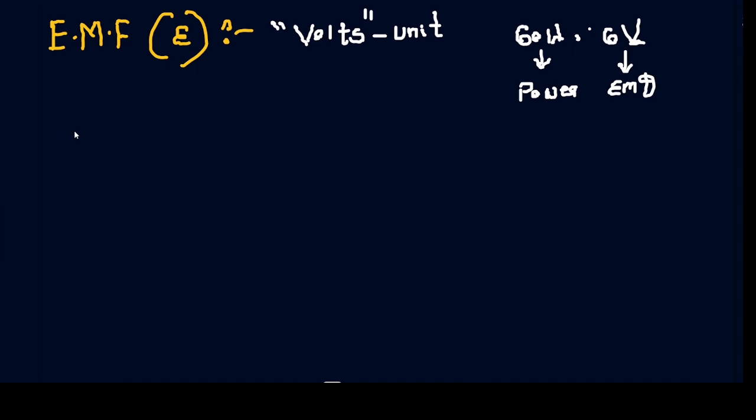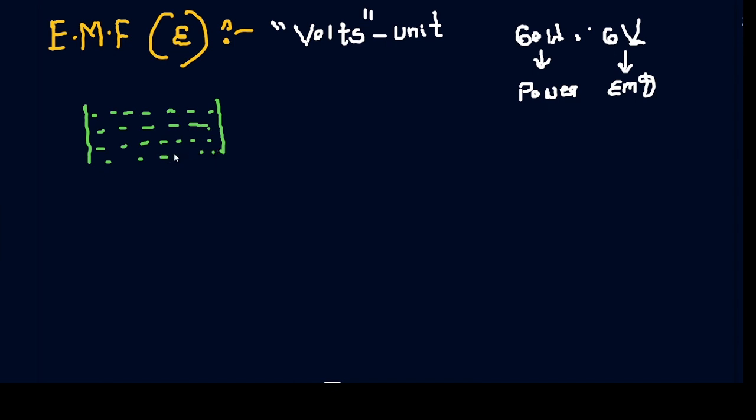Whenever you talk about a cell or a battery, you will notice two terminals, the positive terminal and the negative terminal, right? We call these two terminals electrodes. In between these electrodes, we have a chemical solution.